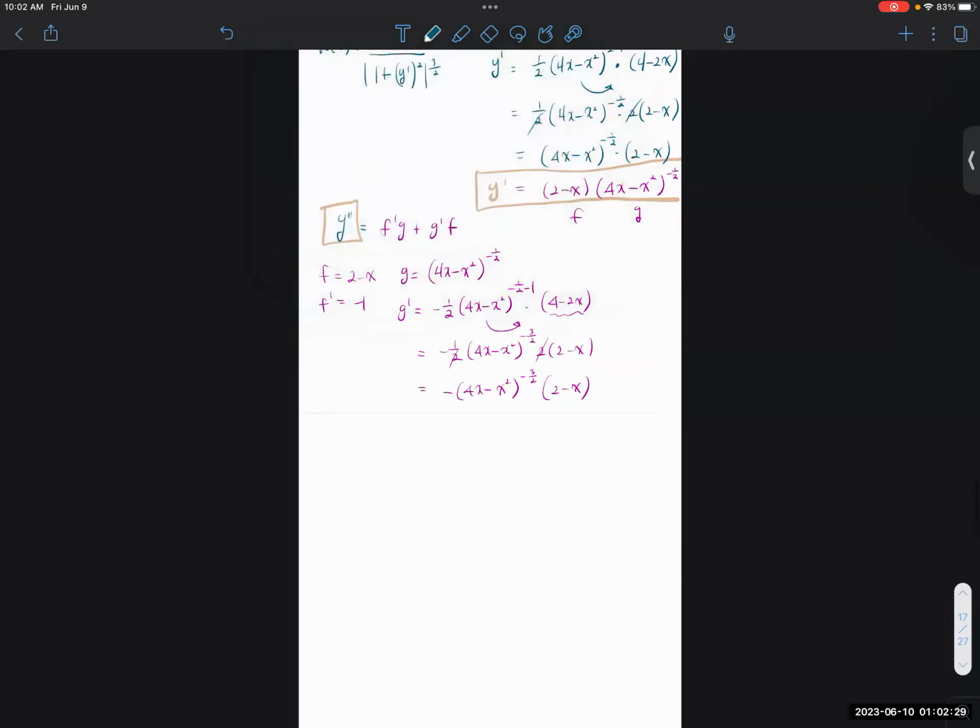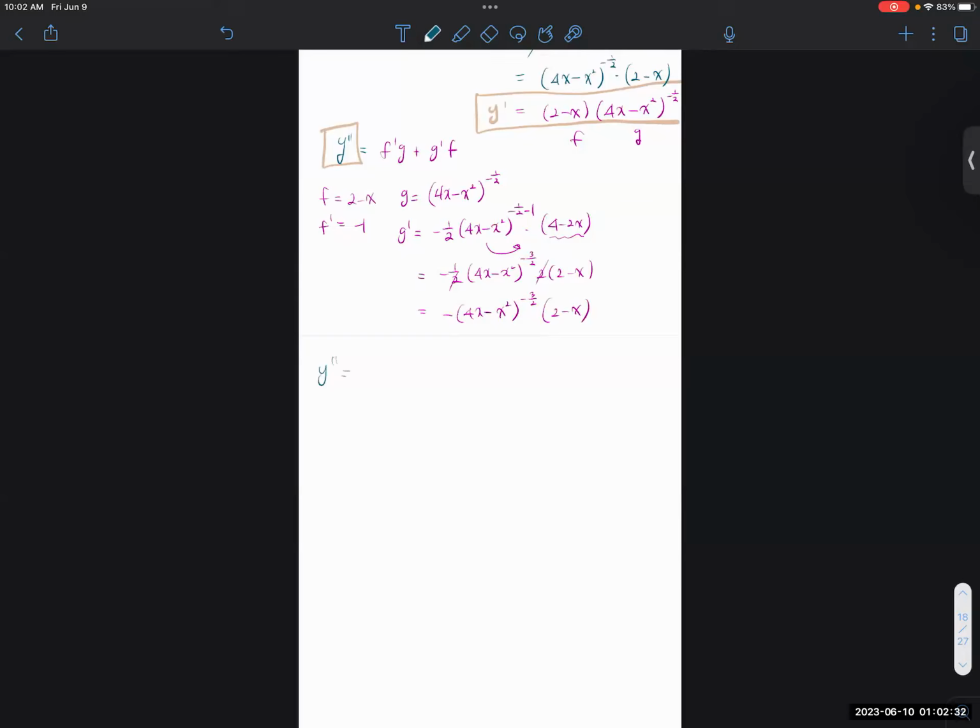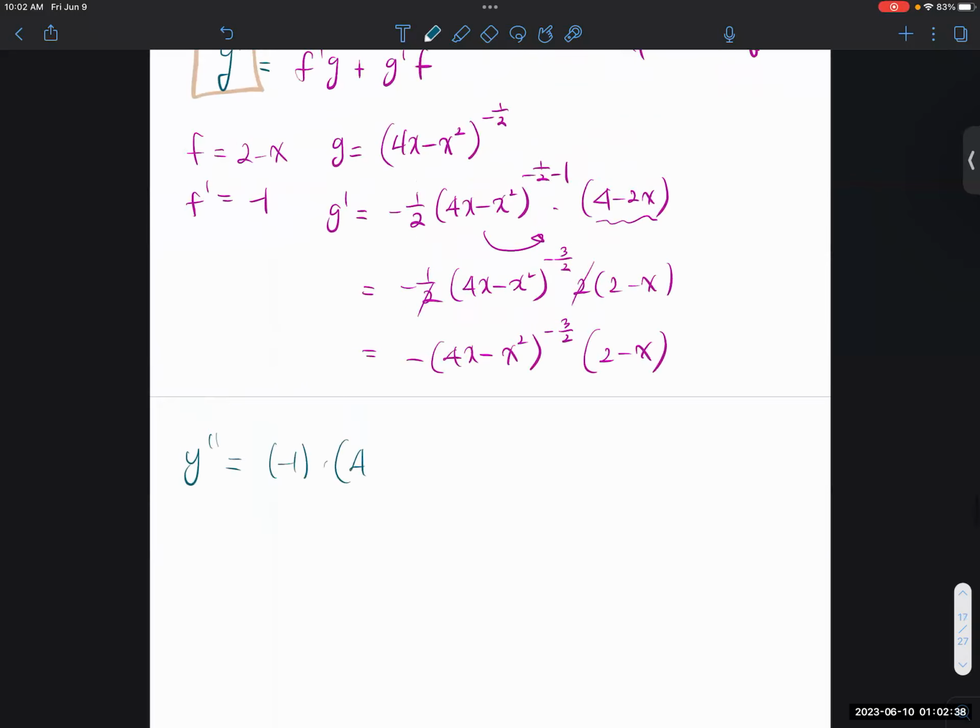Let's do the work. f prime is negative 1 times g, which is (4x minus x squared) to the negative 1/2, plus g prime, which is negative (4x minus x squared) to the negative 3/2 times (2 minus x), times f, which is 2 minus x.